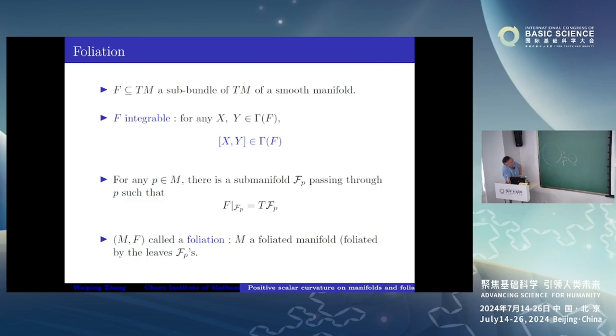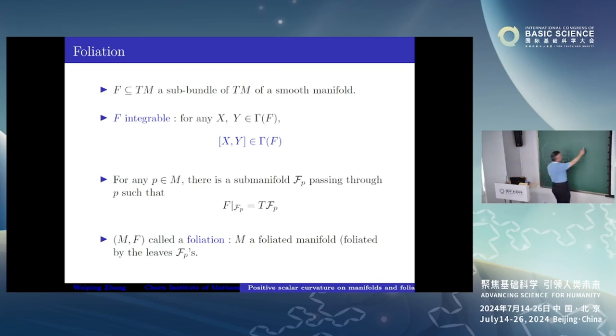With this condition, you can apply the Frobenius integrability theorem to see that for any p in the manifold, there is a submanifold F_p passing through this point such that F restricted to this submanifold is indeed the tangent bundle of this submanifold. And we call this a foliation, and M is foliated by these submanifolds called leaves, the F_p submanifolds. So the simplest case is the fibration case.